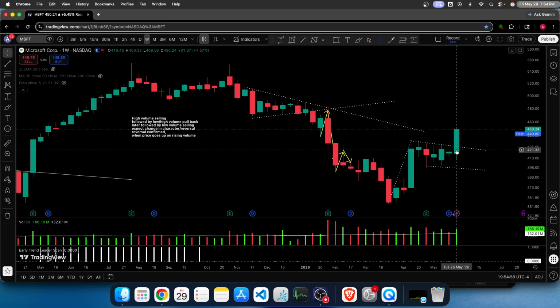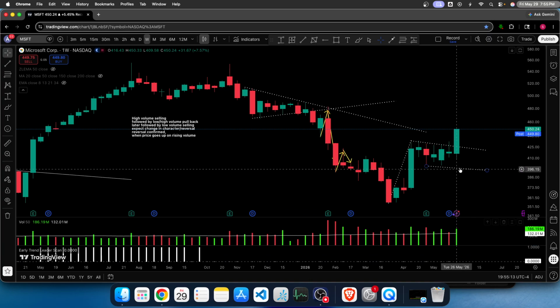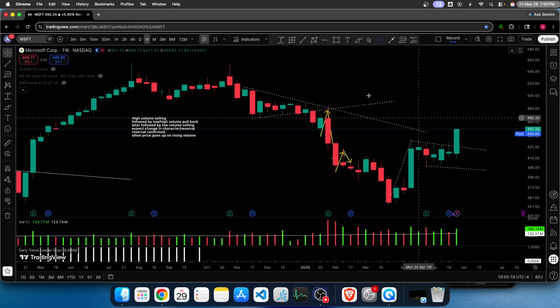And this week, for the week ending Friday the 29th, the stock has been moving much higher for the last 2 days, and it also happened on high volume. So this is definitely a good sign for the stock to see much higher levels.